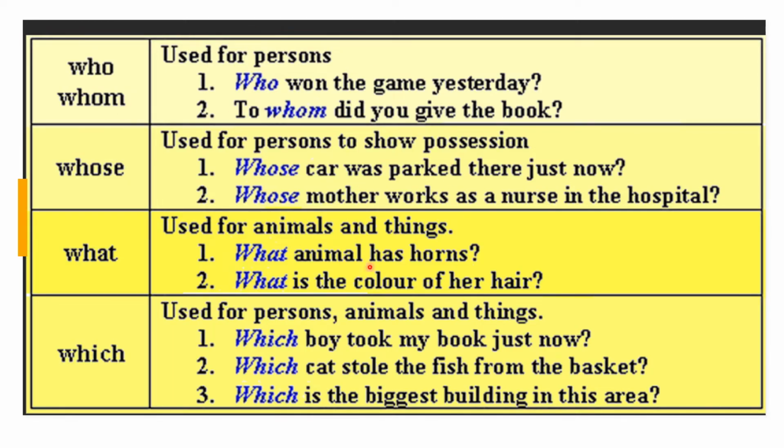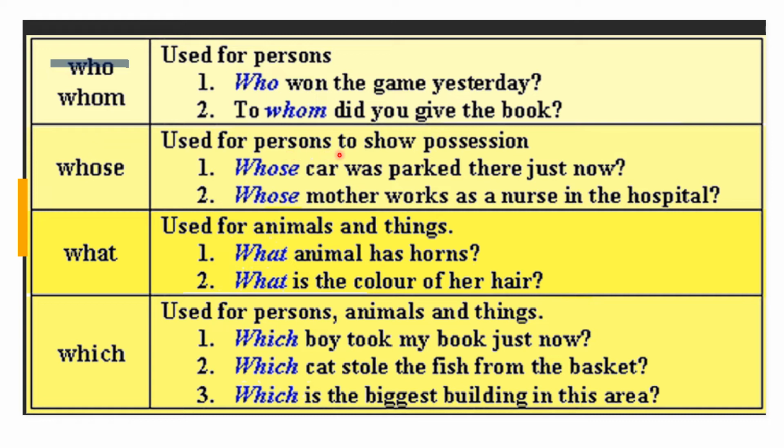If you look at the table on the screen, who or whom are the words which are used for a person. Who won the game yesterday? To whom did you give the book? The word whose is used for persons or to show possession.